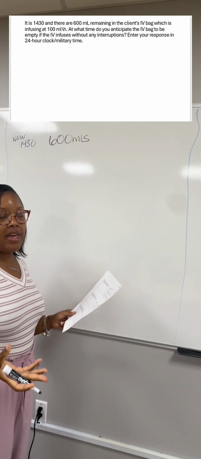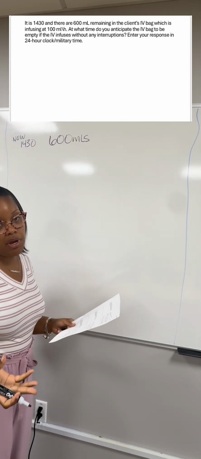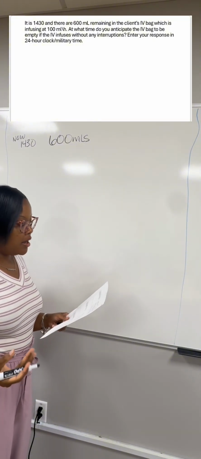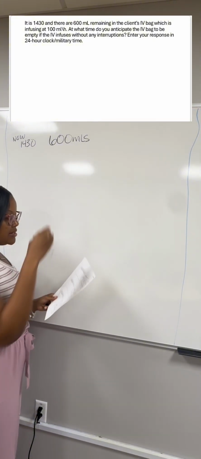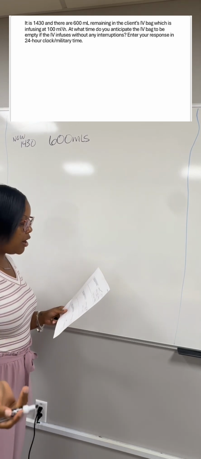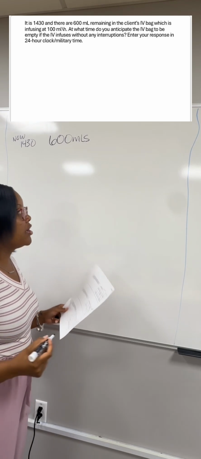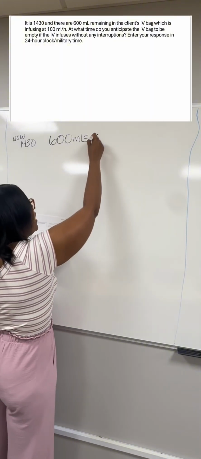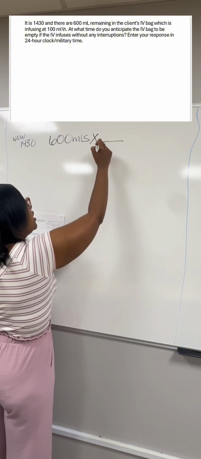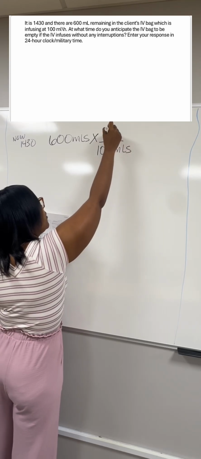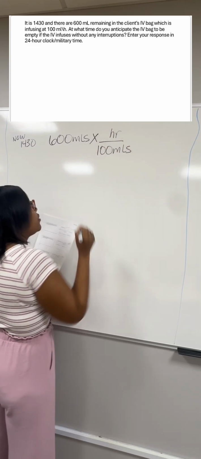So we know that we're talking about time in this problem, so we want our answers to be in hours, okay? We know we're in mLs now, but we need to get to hours. So if we look at the rate, it's going at 100 mLs per hour. So we're going to put our X and we're going to put 100 mLs on the bottom over 1 hour on the top.